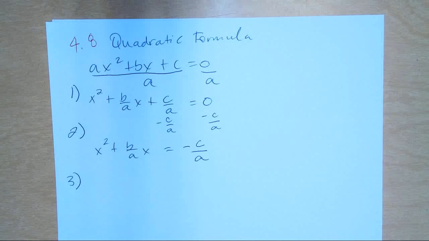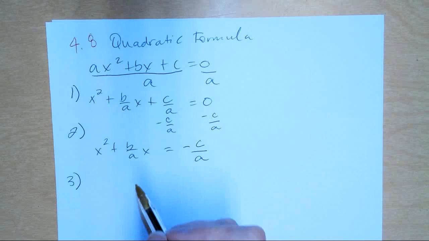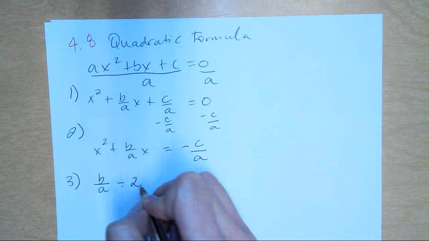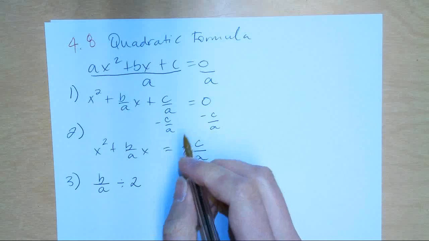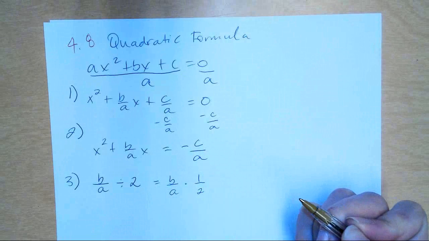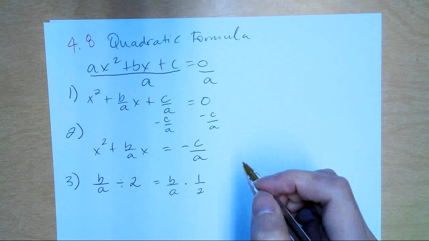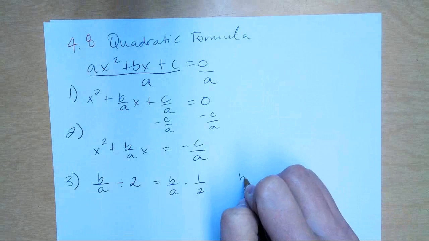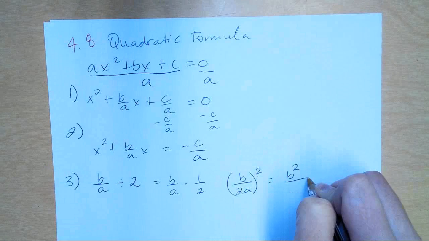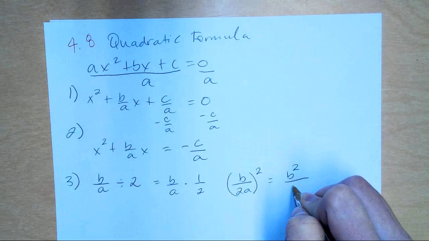Completing the square says take b over 2. So our b is currently b divided by a, and we're going to divide that by 2, which we could also just multiply by a half. And then we're going to square that. So that's actually going to be b over 2a, and we're going to square that, which gives us b squared over 2a squared, which is what?